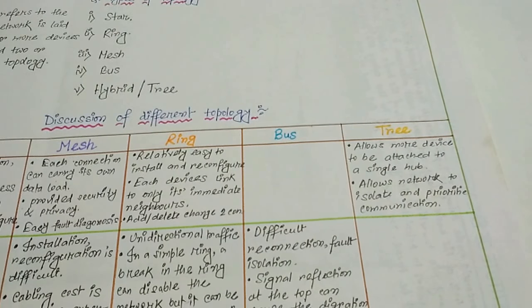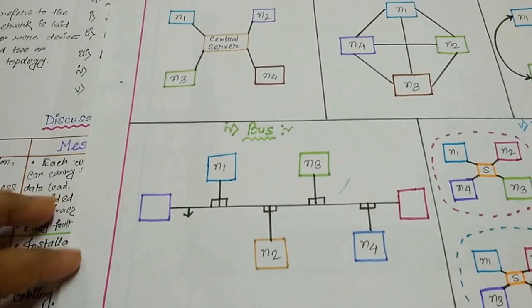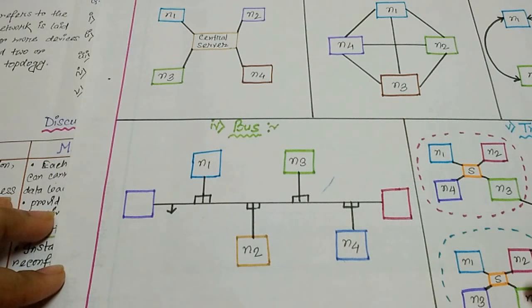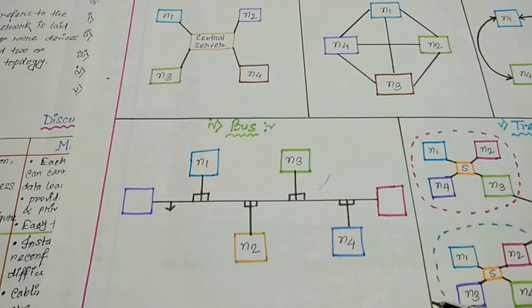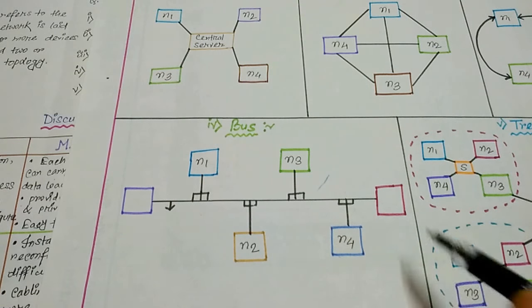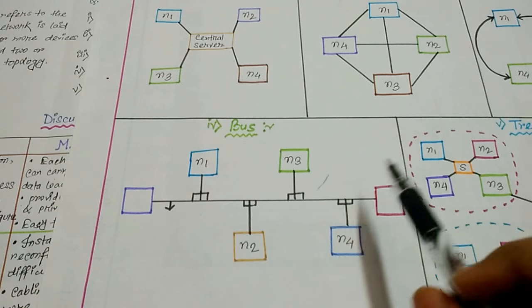Then comes bus topology. How does bus topology look? Bus topology is like this. There are four devices. They are connected by a simple channel.